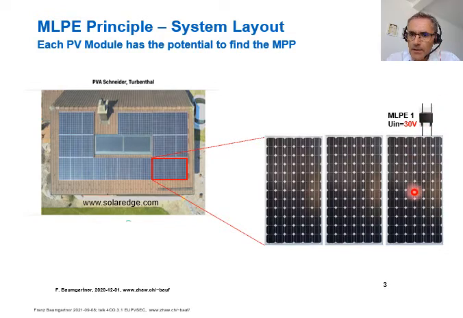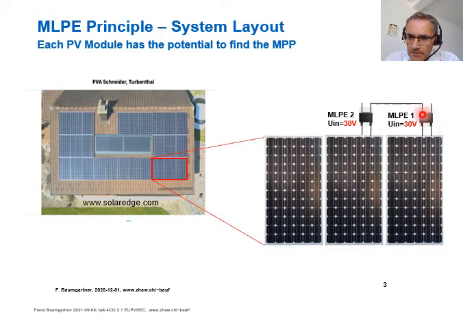And you see a second optimizer on the module beside. And what is the benefit of these optimizers? If there is partial shading on this module in the middle, the optimum power could be reached at another output current compared to the unshaded module on the right side, where you have, for example, a higher current here.